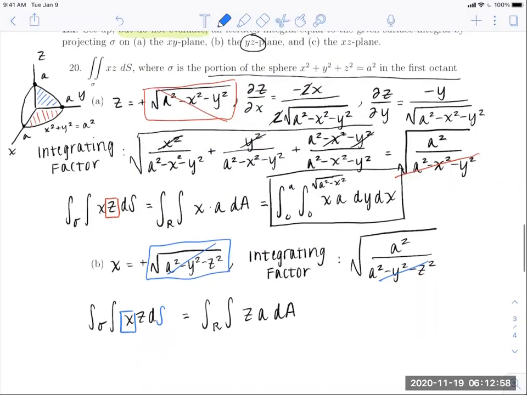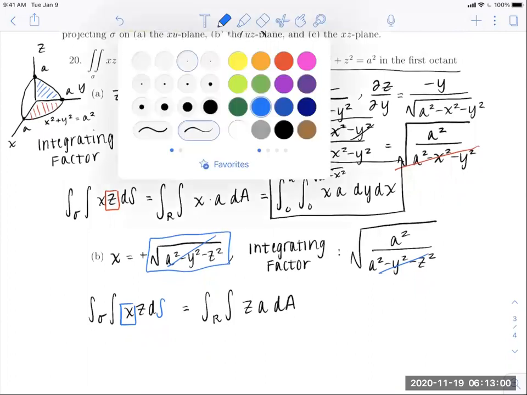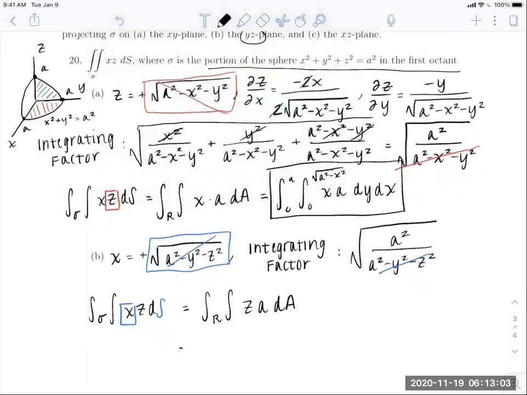So we're going to have a very similar setup in part B. So this becomes the integral from 0 to a, the integral from 0 to the square root of a squared minus y squared of za dx, excuse me, dz dy. All right, and we will leave this right here.